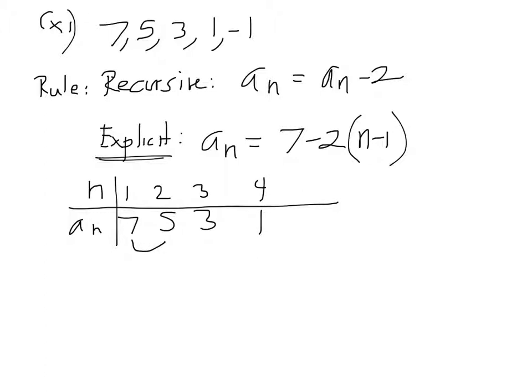So to go from here to here, this is the second term, but you subtract 2 once. So it's the second term, right? But you start at 7 and you subtract 2 one time, one less than its location. So again, I think writing these explicit rules is harder. So maybe that made sense, maybe it didn't. We will see.